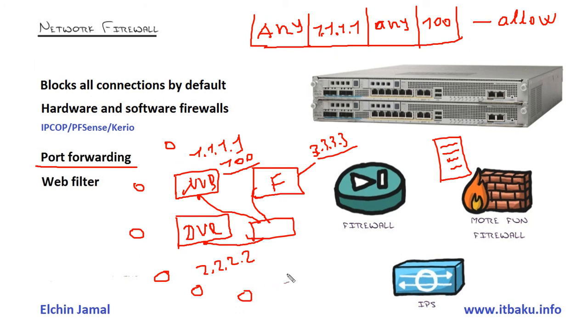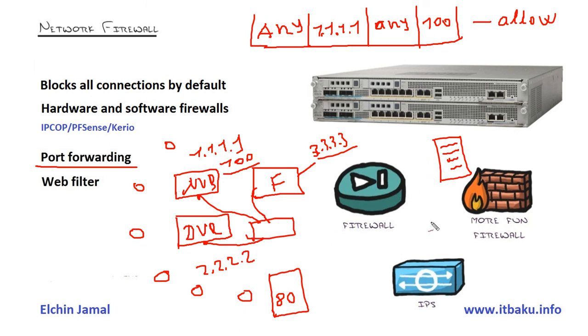The same thing I can do with any server in this office. For instance, I can use a web server which uses port 80, right? I need access to this web server from outside, from anywhere.